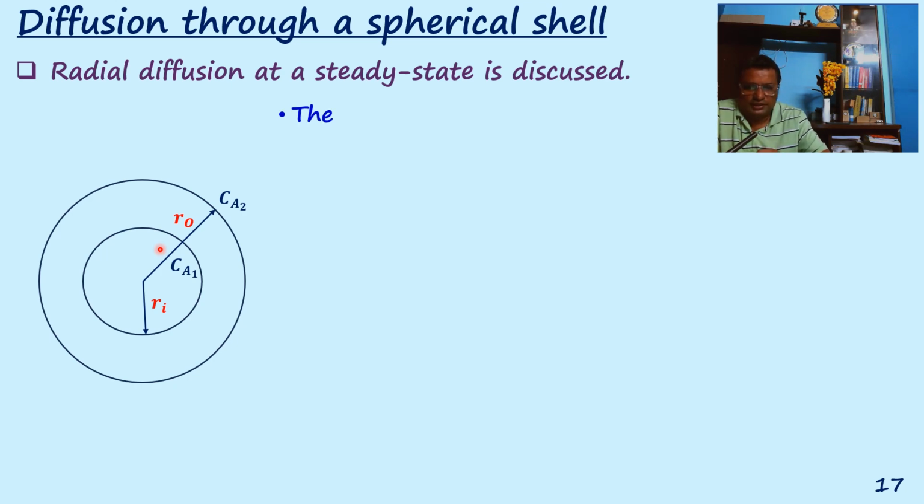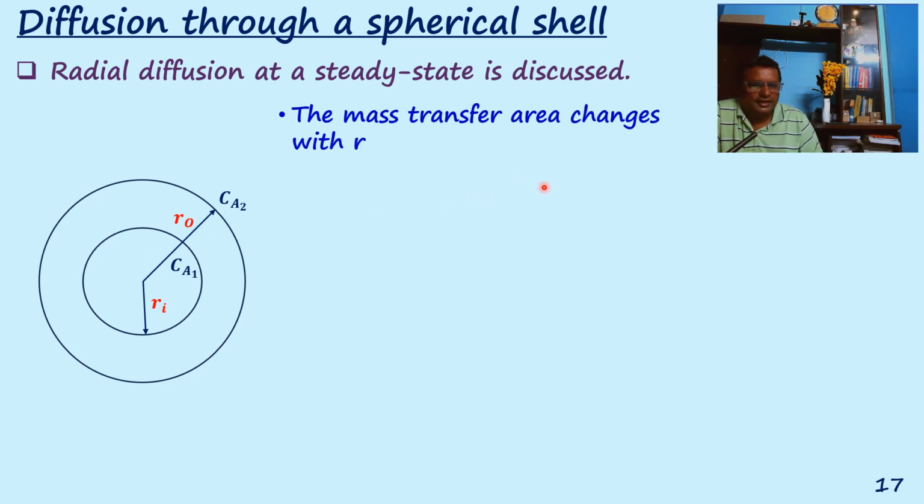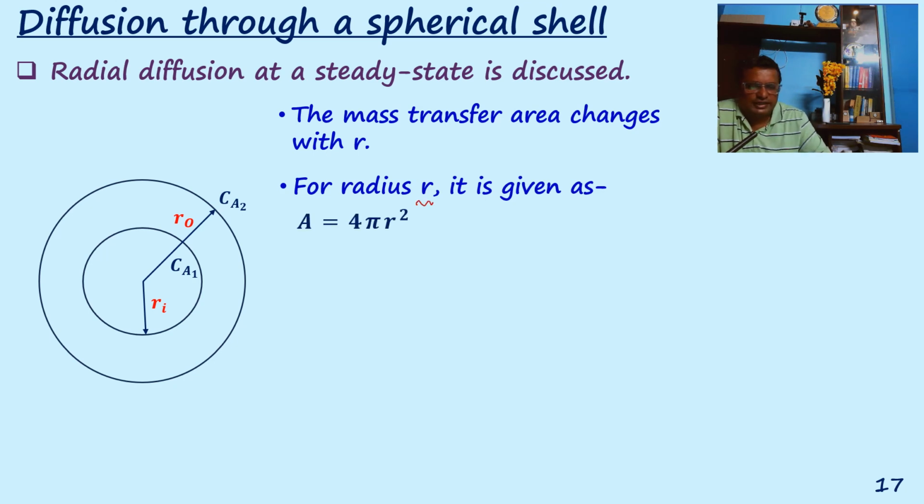We will understand that more clearly when we solve numericals based on this. Okay, so again for this case also the mass transfer area is changing with R, as it happened in the case of diffusion through the wall of a cylinder. Here also the mass transfer area is changing with R, and for any radius, say R, the mass transfer area will be given as A is equal to 4 pi r square, which happens to be the surface area of a sphere with radius r.